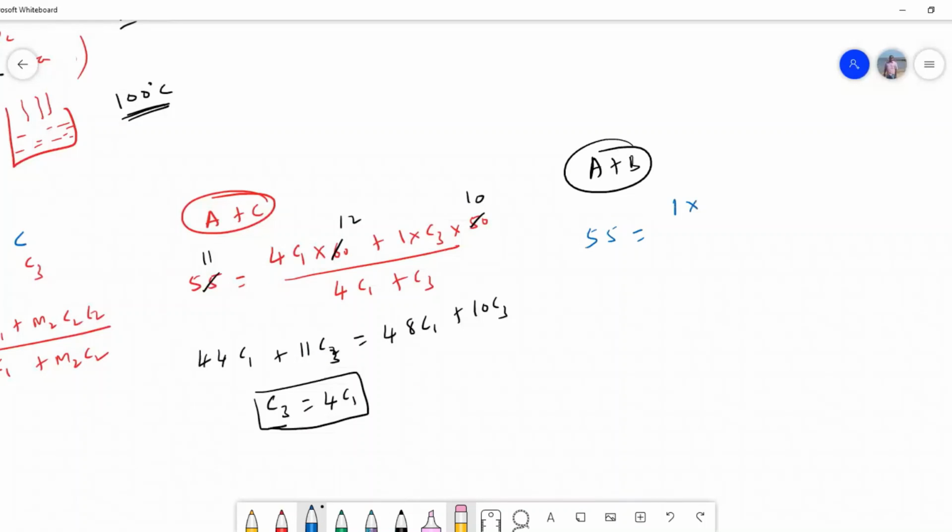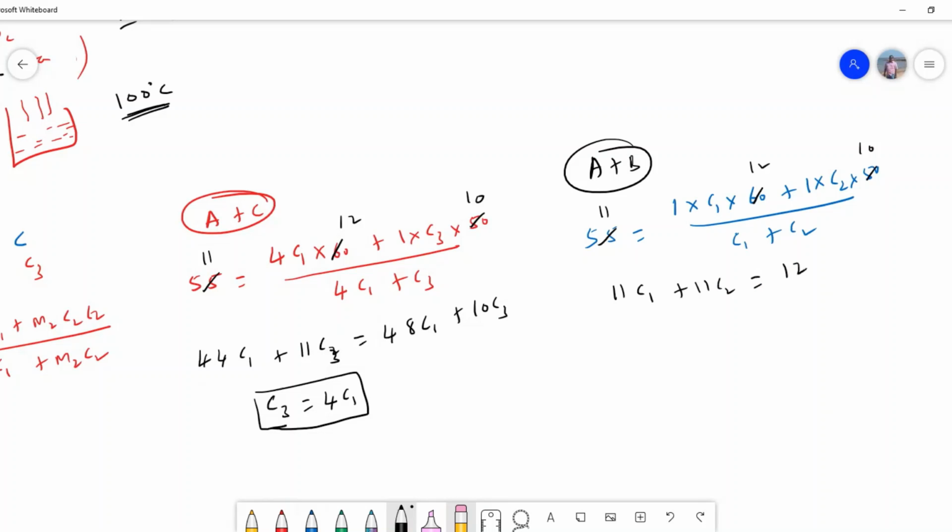So 1 gram of A at 60 mixed with 1 gram of B at 50, whole upon the same C1 plus C2, because mass is 1 gram anyway cancel. So again this will go by 11 times, 12 times, 10 times. So 11 C1 plus 11 C2 is 12 C1 plus 10 C2. Clearly C2 is equal to C1.